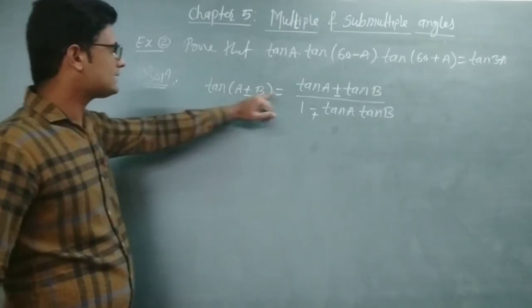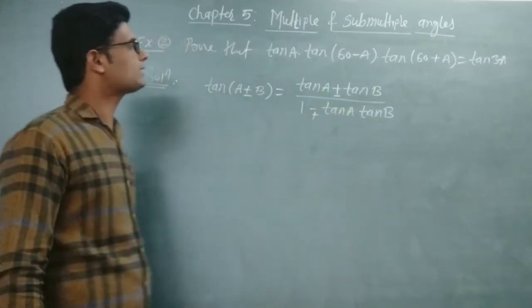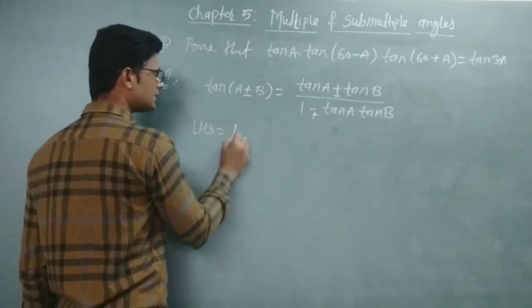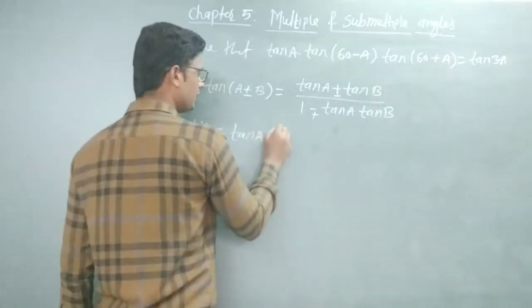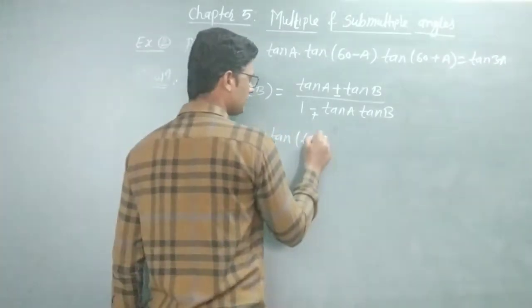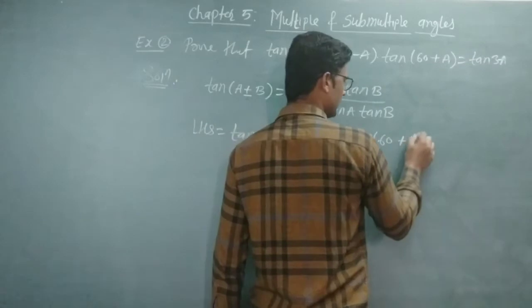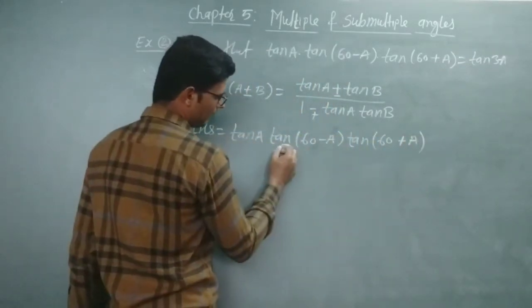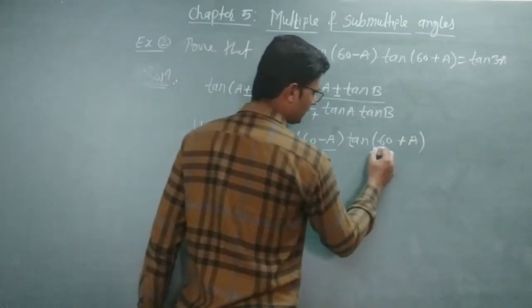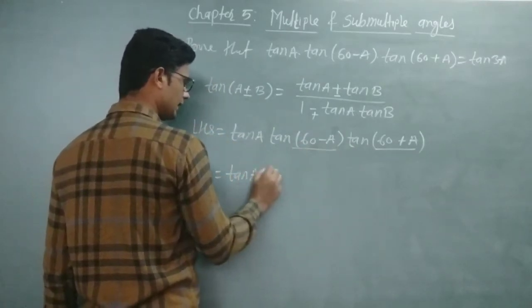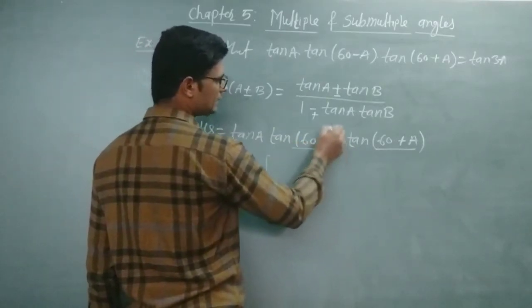So if you have a minus, then we have here minus and this is plus. So apply these two. So consider LHS. LHS is what? Tan A into tan 60 minus A into tan 60 plus A. Okay, so apply here the tan A plus B formula and A minus B formula. So here you will get tan A. What is tan A minus B?